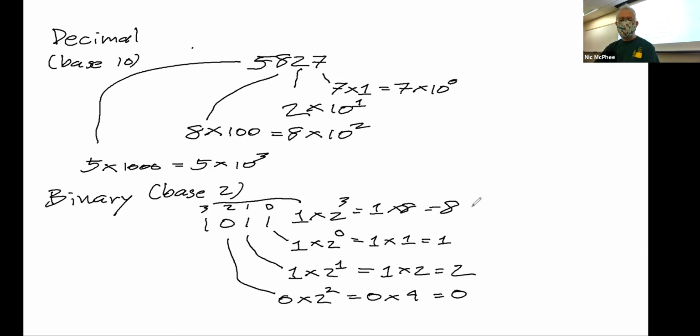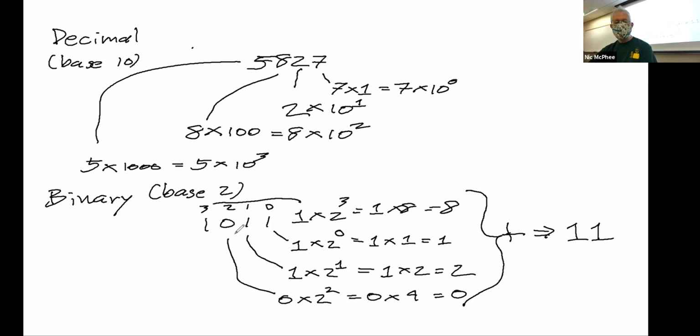So then if we add all these together, 8 plus 1 plus 2 is 11.